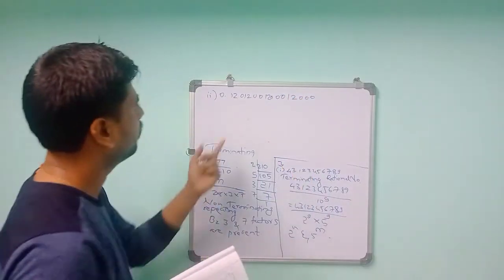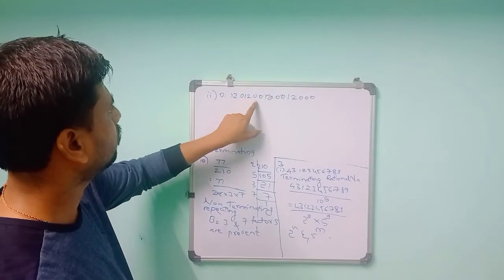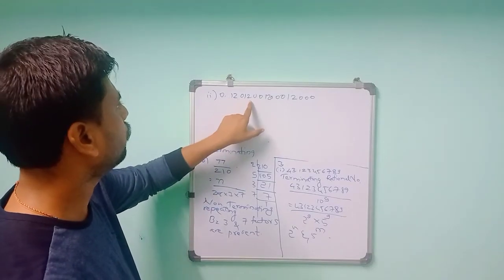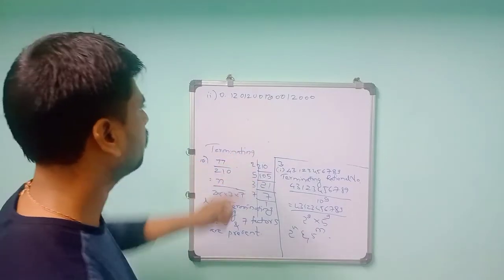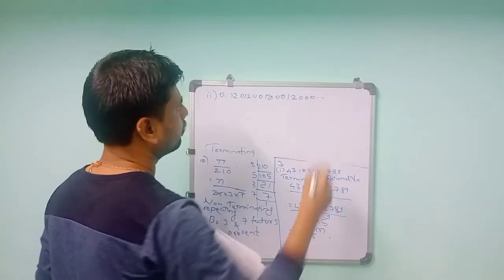So here the pattern, if you take 1 2 0, 1 2 0, it is not repeating. It is 1 2 0, 1 2, but here 0 0. So it is continuously going, but it is not repeating.